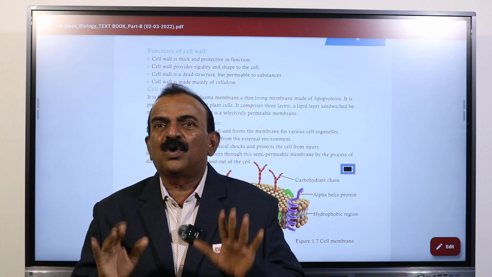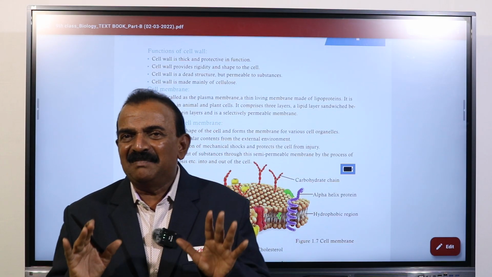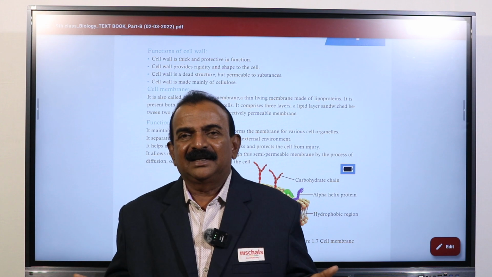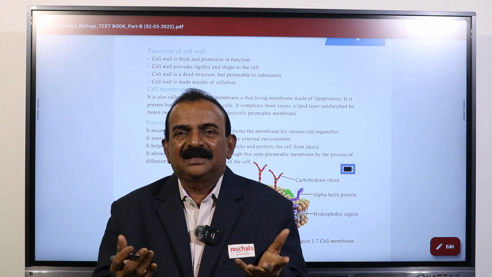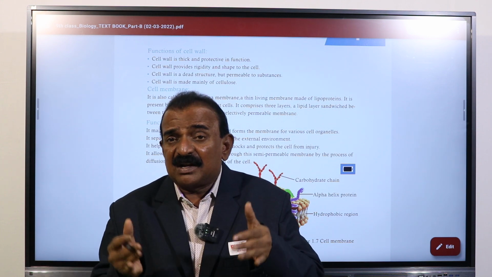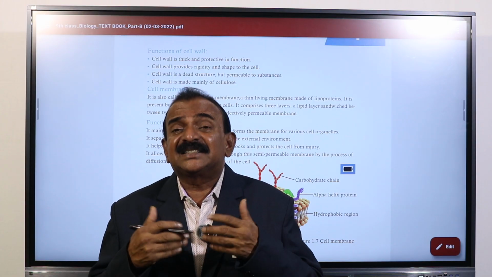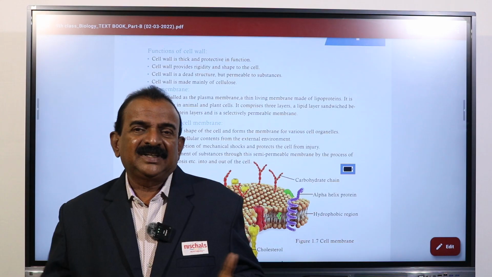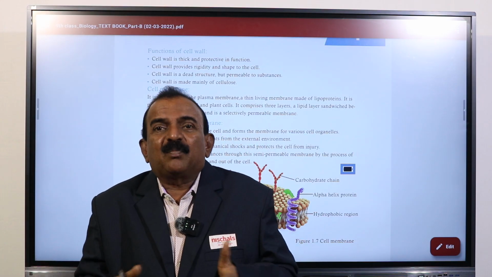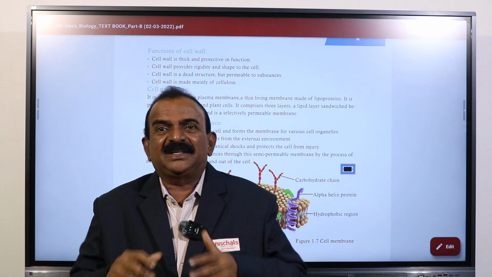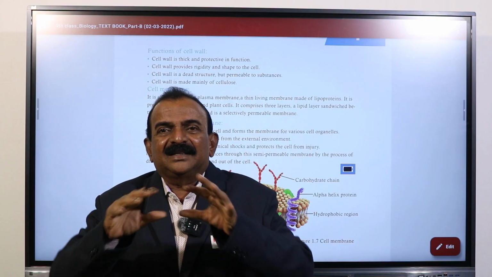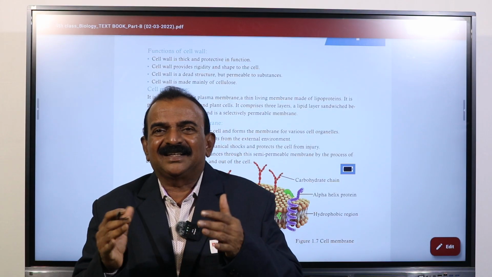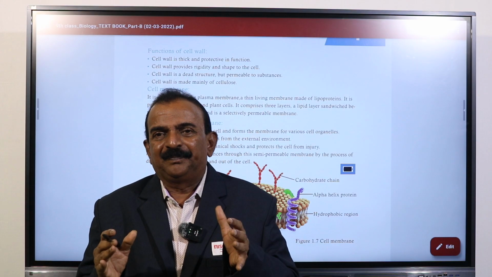The cell membrane is a limiting membrane, and it separates and protects the inner content of the cell from the external environment. It is a protective sheet present around the cytoplasm and other cell contents present in the cell.